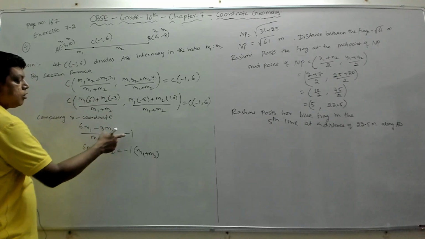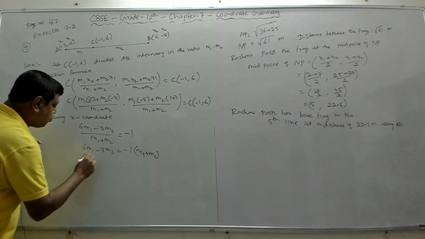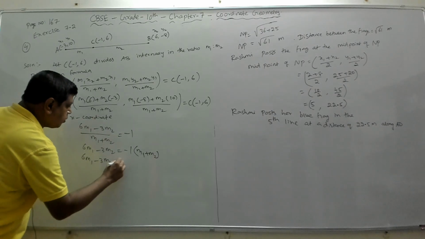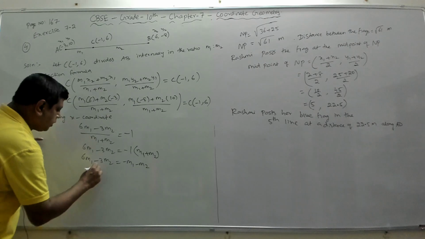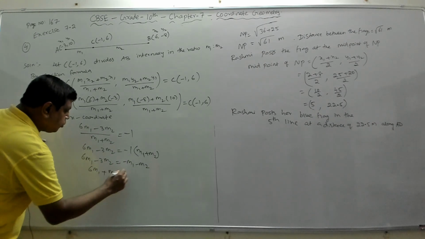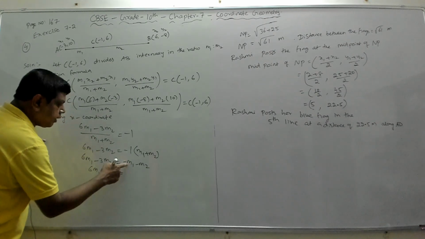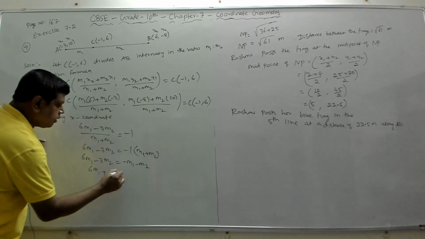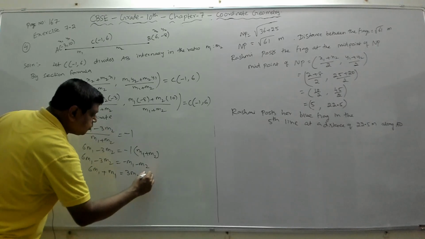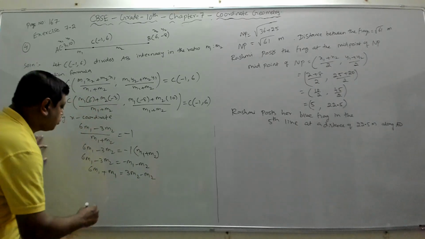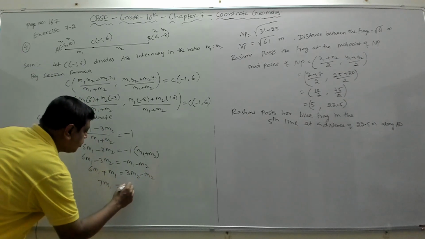If it goes to the right side, it will go to the numerator. So 6m1 minus 3m2 equal to minus m1 minus m2. Now we'll bring all the m1 to one side and m2 to the other side. So this is m1. Minus m1 comes here, it becomes plus m1. And minus 3m2 goes this side, it becomes plus 3m2. And this minus m2 stays on the RHS. So you get 7m1 equal to 2m2.